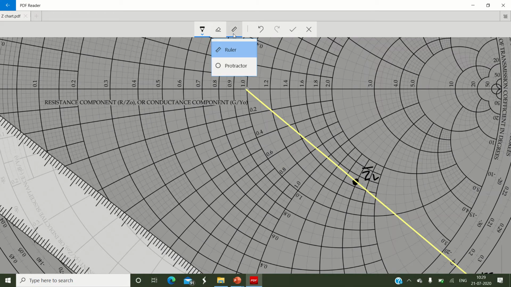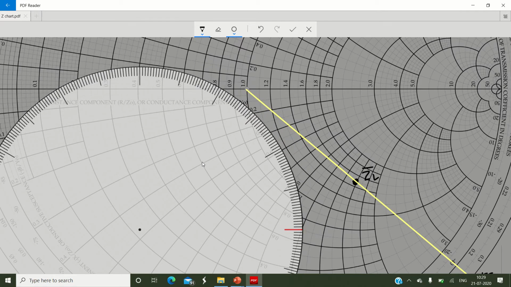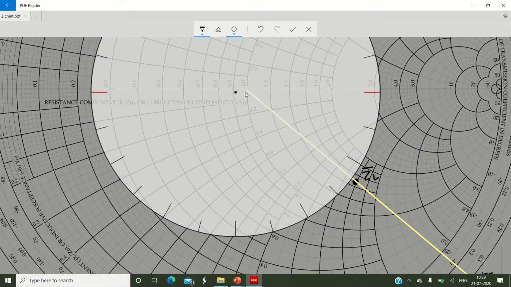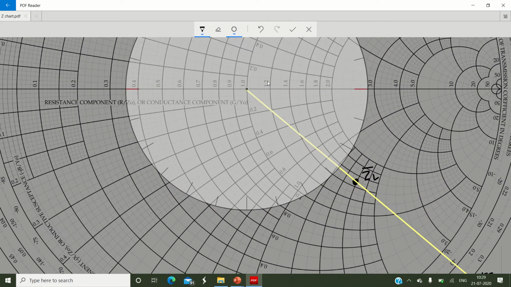You take your compass now, put the metallic part of your compass at the center of the Smith chart, in this way.